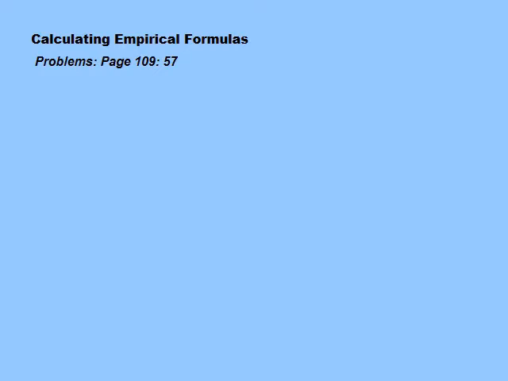Okay, let me now go over problem number 57. In this problem they gave you sodium carbonate, Na2CO3·XH2O, with water molecules as part of this compound, 2.558 gram.